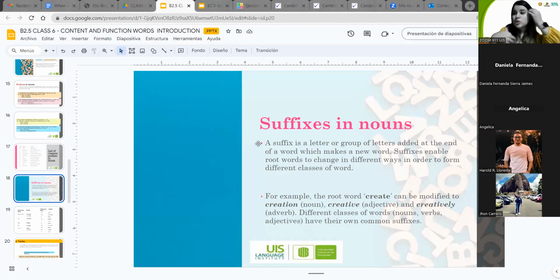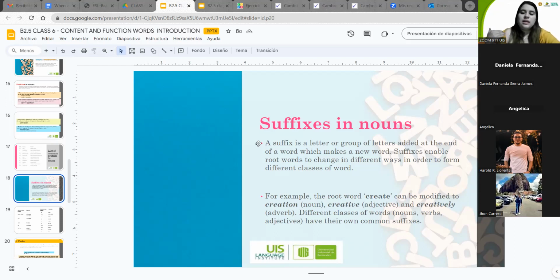So we have the root create, which is a verb, and we can transform it to a noun like creation, or to an adjective like creative, using a suffix. And creatively, an adverb. So you can see how from one word we can create several word classes, like nouns, adjectives, or adverbs, by adding a suffix.